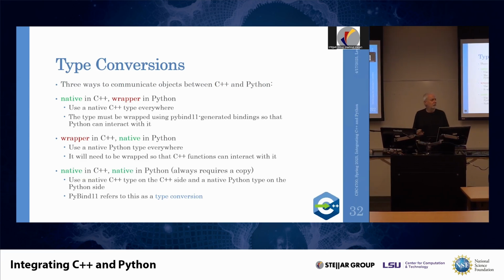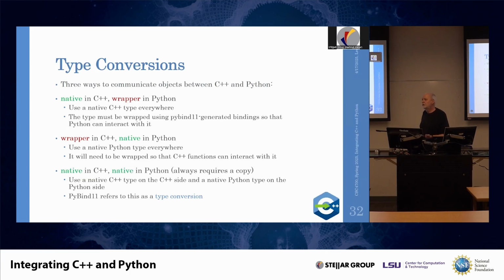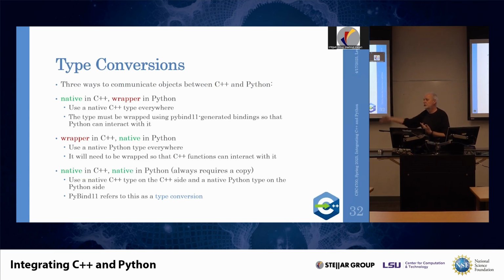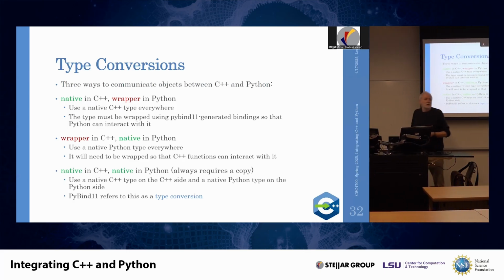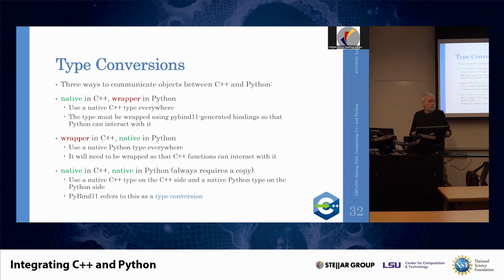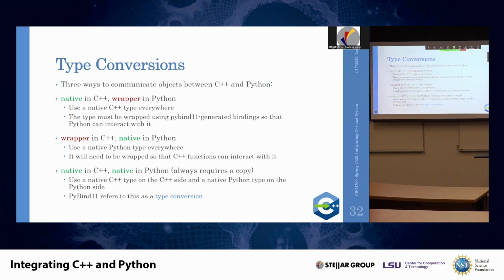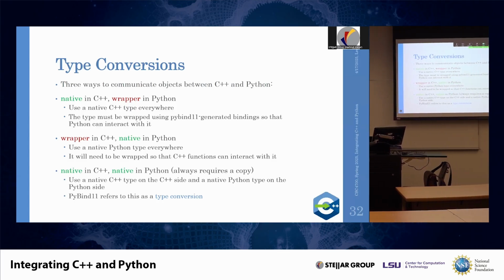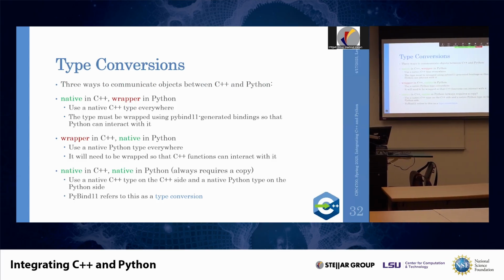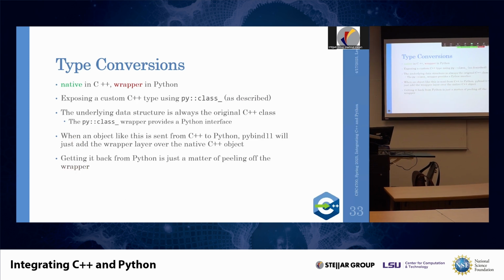For small things, it's probably the most convenient thing, right? For integers, for doubles, you don't need wrappers for that. You just copy the integer over and you're done. But for larger data types, especially NumPy or std::vector or so, this can be performance critical. So be aware of that. But it's the most convenient way of doing things because you don't have to do anything. You just specify that type and it will be converted to something that is compatible on the other end.